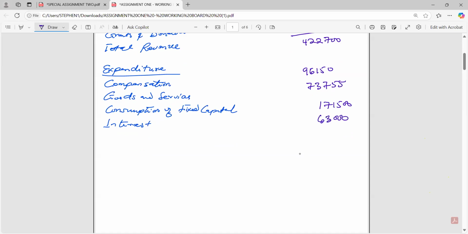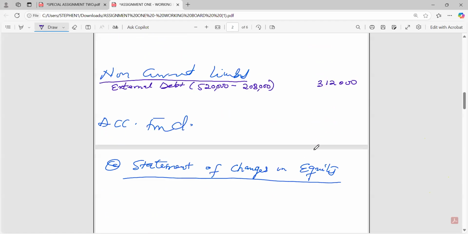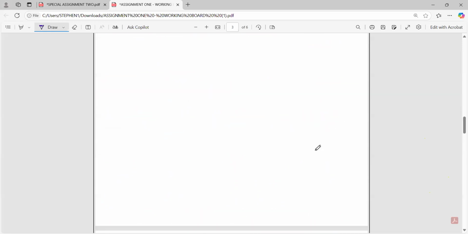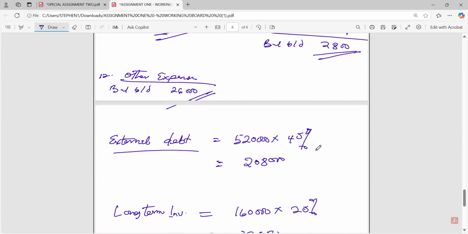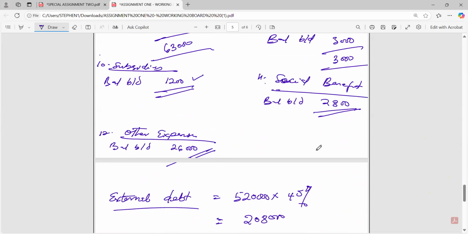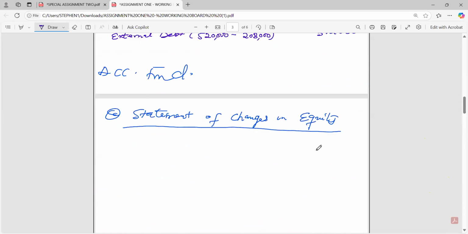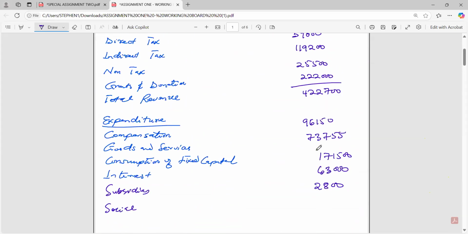So you have subsidies. Subsidy is 1,200 and the social benefits is 2,800.